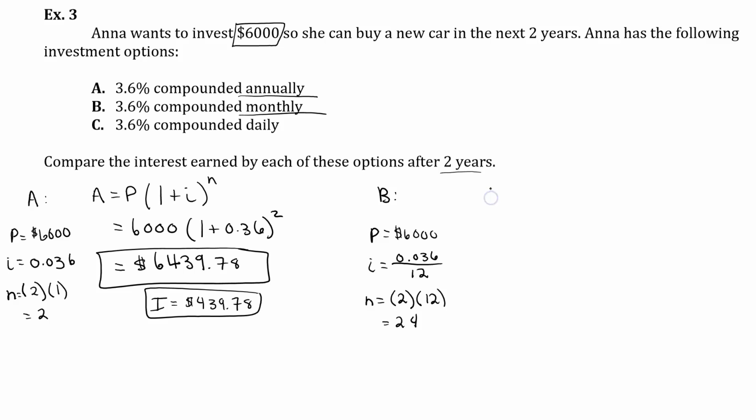So when I put this into my formula, A equals P times 1 plus i to the power of n, I'm going to write 6,000 times 1 plus 0.036 divided by 12, all to the power of 24.